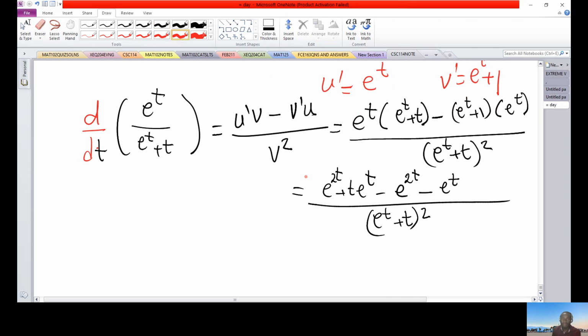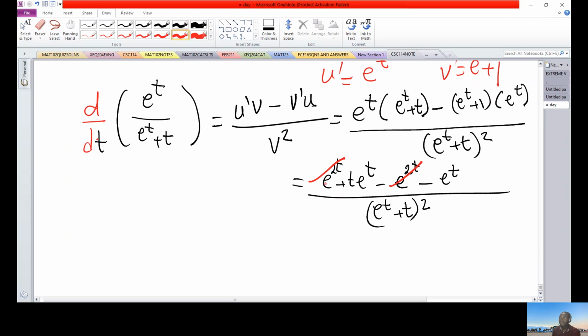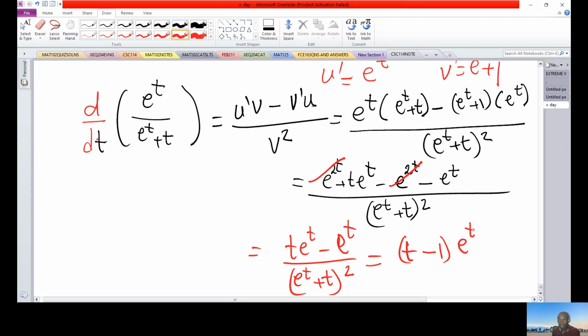So clearly this term and this term cancel out, so that we have (t e^t - e^t) over (e^t + t) squared, which you can just write as (t - 1) e^t divided by (e^t + t) squared. So that is the solution to that problem.